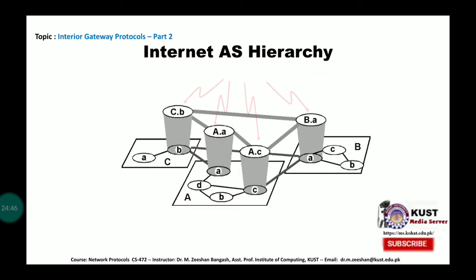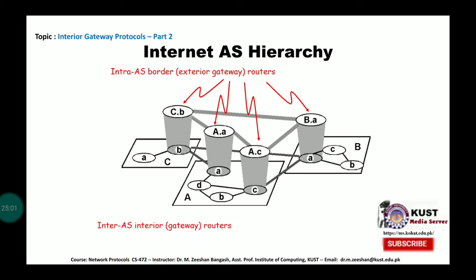Now, this inter-autonomous system communication or routing is known as the exterior gateway, and we call these inter-autonomous system borders. And within this autonomous system, the routers we call interior gateways.